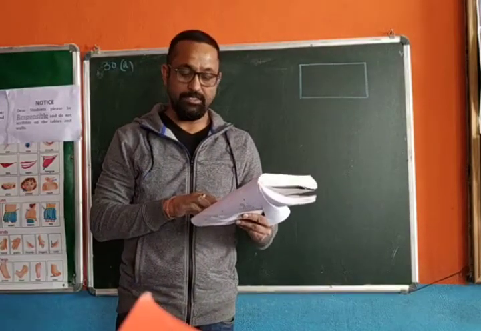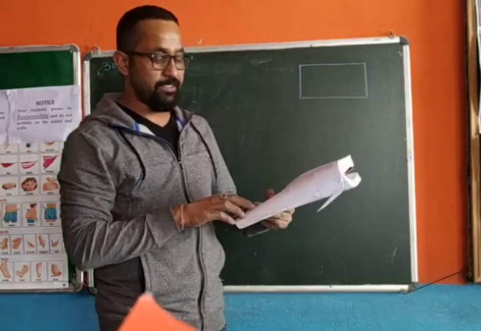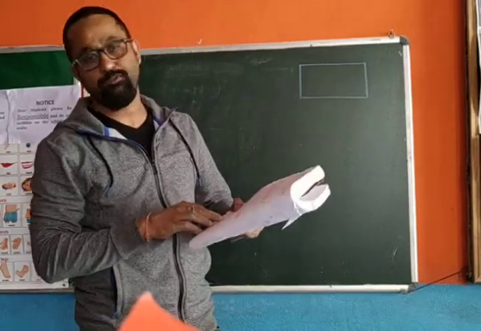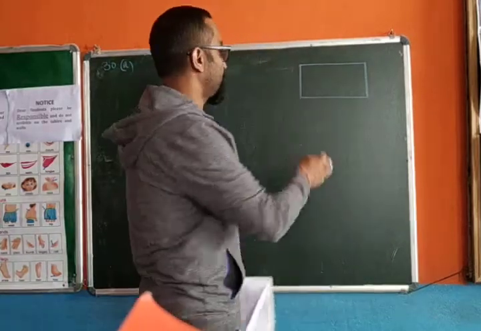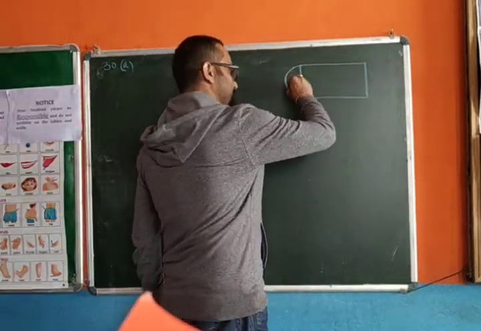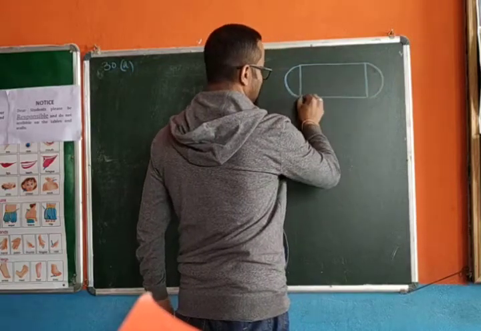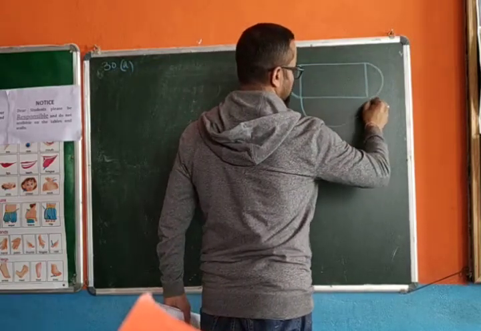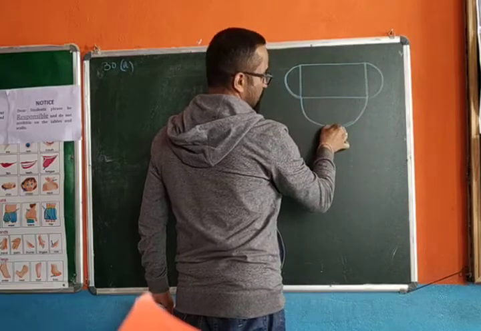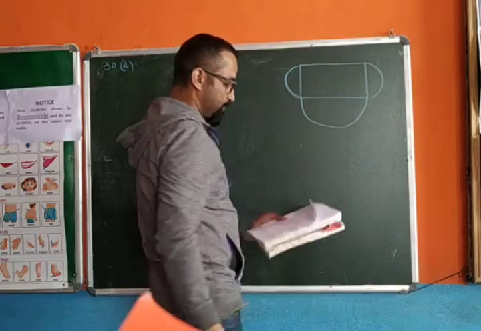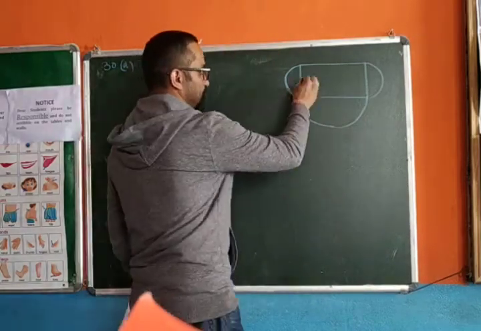Taking this as diameter, 3 semicircles are drawn as shown in the figure. Calculate the area of the shaded portion. So you have one semicircle, second semicircle, and third semicircle. Question says that calculate the area of the shaded region.